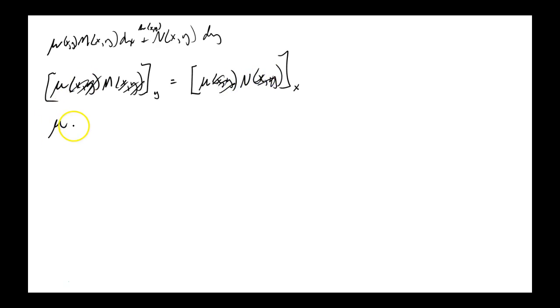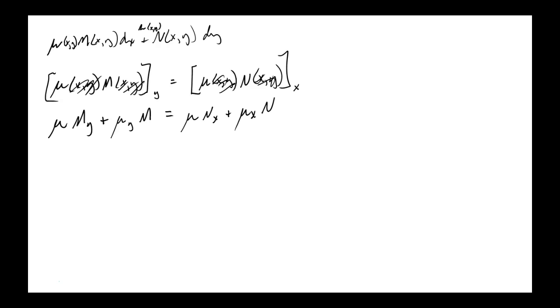So mu M sub y plus mu sub y M, it doesn't matter, same thing, is equal to mu N sub x plus mu sub x N. Okay?